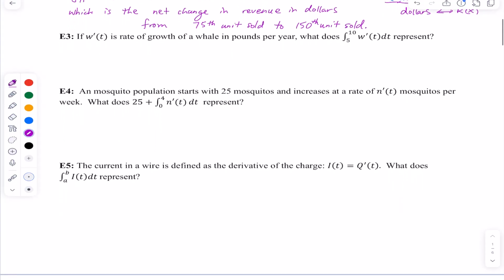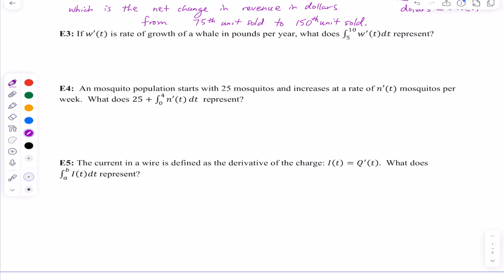What does the definite integral represent in the next example? Once again, we could do unit analysis. We have pounds per year multiplied by year.